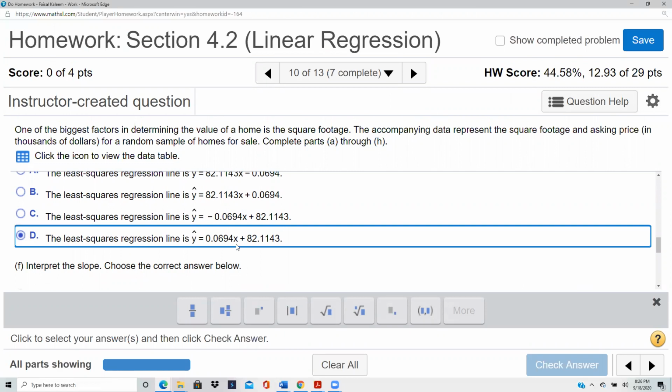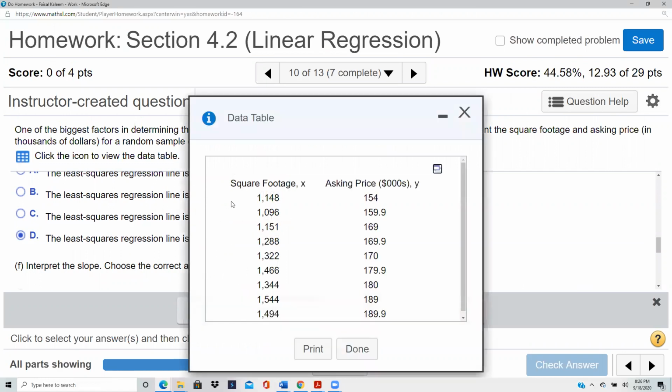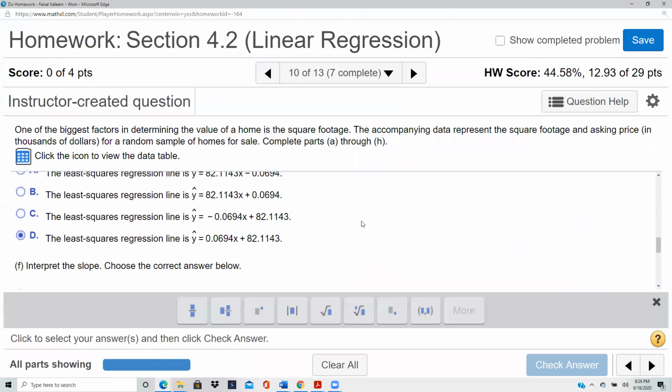Interpret the slope. Remember, slope is the change in y for each additional x. So here it will be the change in asking price for each additional square foot. This slope is telling us that for each additional square foot, the asking price will change by 0.0694, but they say that it's in thousands of dollars.